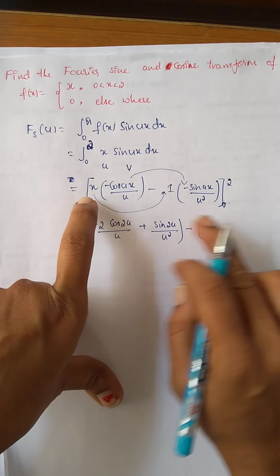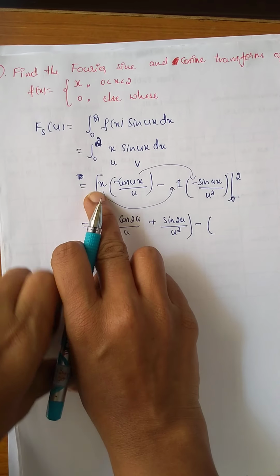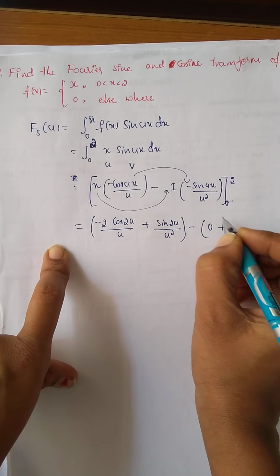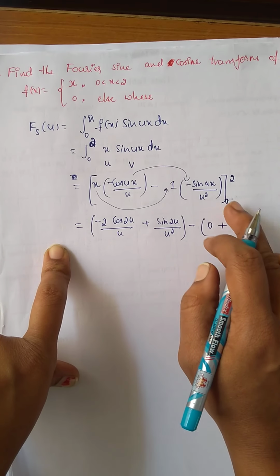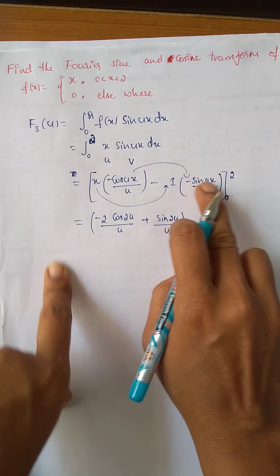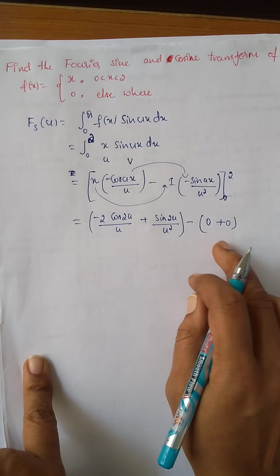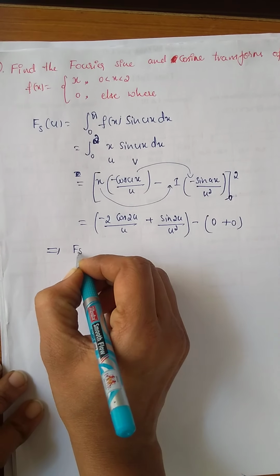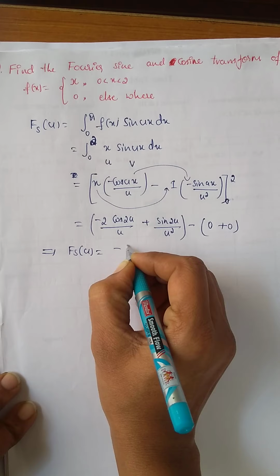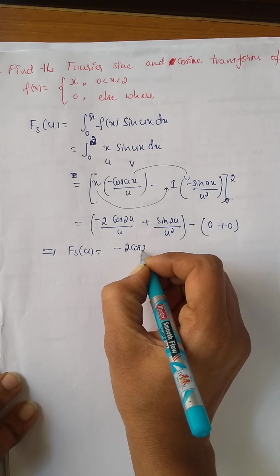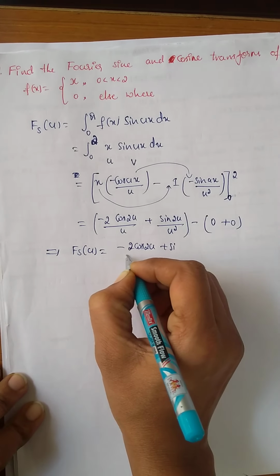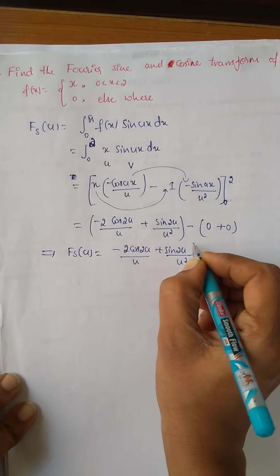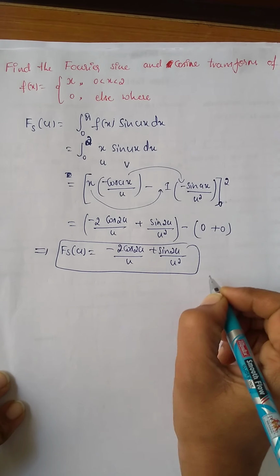Replacing x by 0: cos 0 is 1, but the x term makes the entire first term 0, and sin 0 is 0 for the second term. Therefore the lower limit is 0, and we get only the upper limit terms. This implies the Fourier sine transform is minus 2 cos 2u by u plus sin 2u by u square.